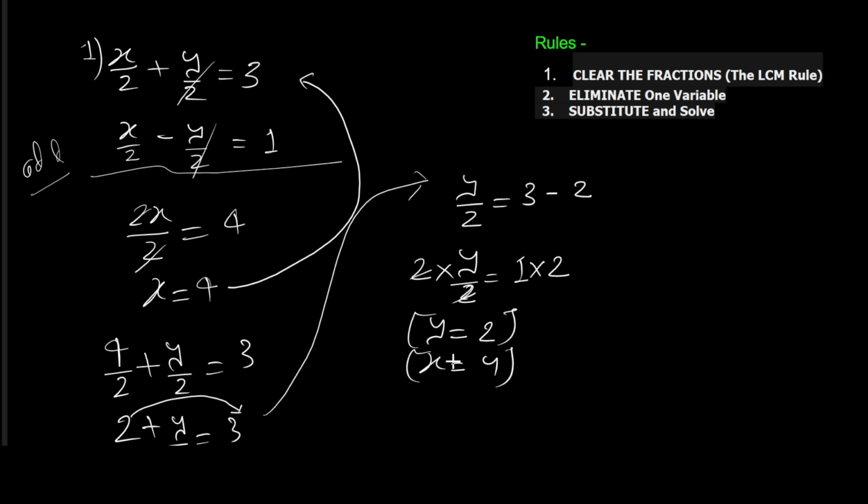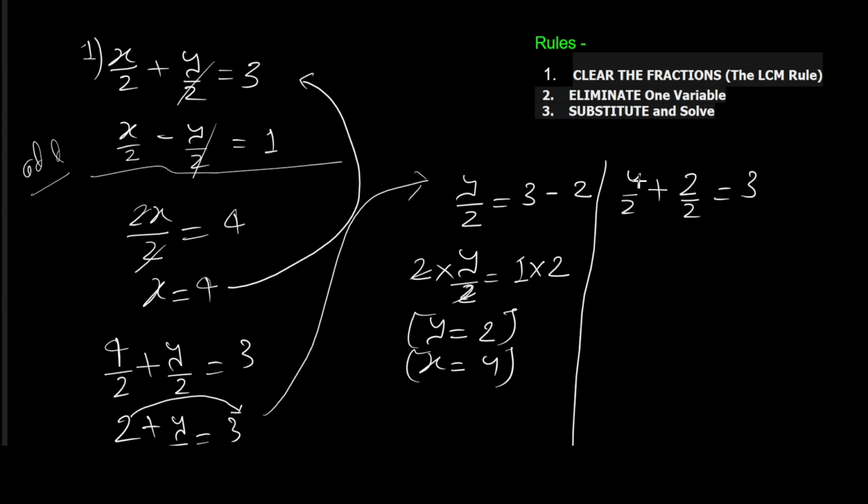To verify whether our solution is correct or not, let's plug these values into the original equation. We can put these values in both of these equations to verify our answer. Let's plug it into the first equation. x over 2 means 4 over 2 plus y over 2 means 2 over 2 equals 3.